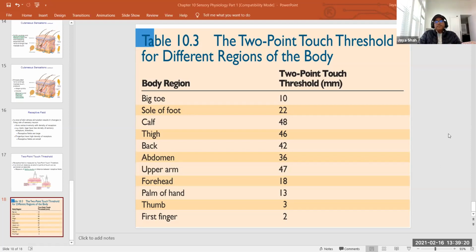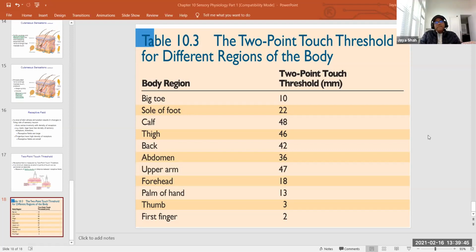Gurbir, based on this table, which area has the least distance between two adjacent receptors? The big toe. Why?